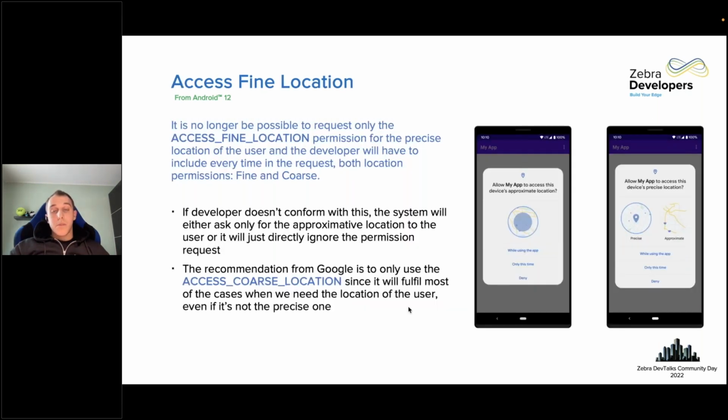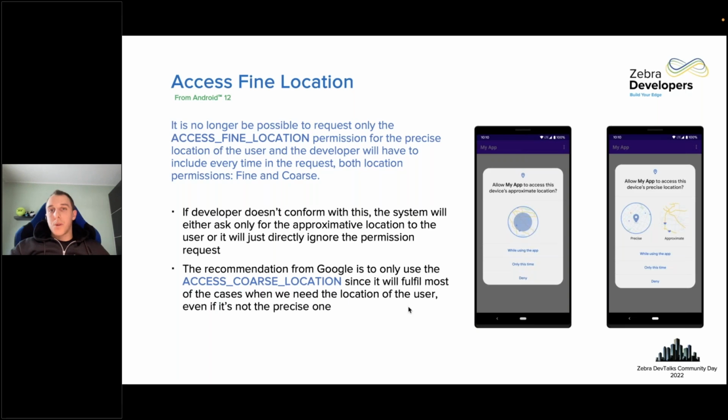Now, continuing with the access fine location, there is a change related to this permission as well. Essentially, starting with Android 12, it is no longer possible to request this permission standalone. The operating system now requires you, whenever you want to request the access fine location, to also specify the coarse location. The coarse location permission is related to the approximate location of the device.